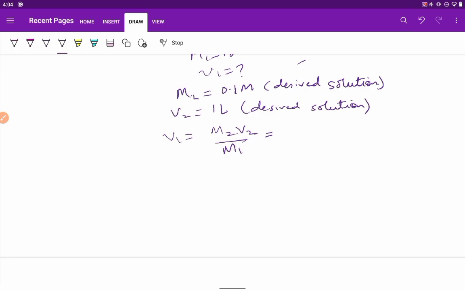Putting the values, M2 is 0.1 M into 1 liter divided by 18.02 M.